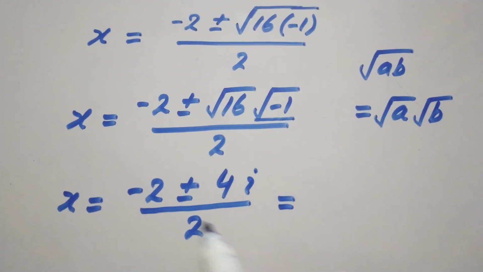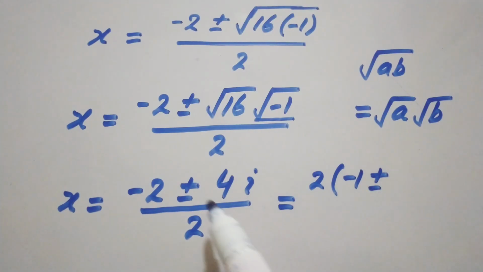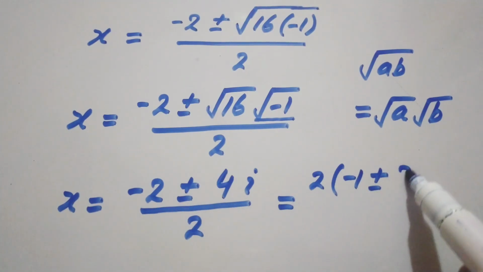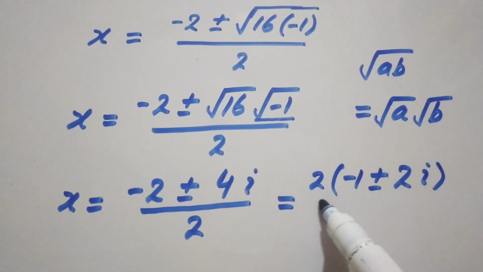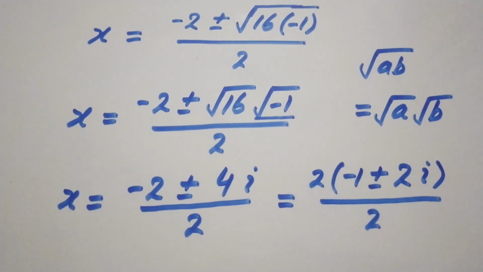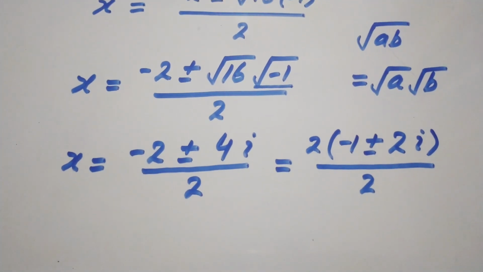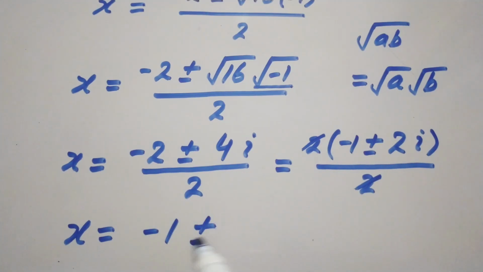Now we can factor out 2 from numerator. So inside here, minus 1 plus minus 2 multiplied by 2, we get 4, 2i, divided by 2. Now from numerator and from denominator, this 2 and 2 cancel out. We will be left with minus 1 plus minus 2i.